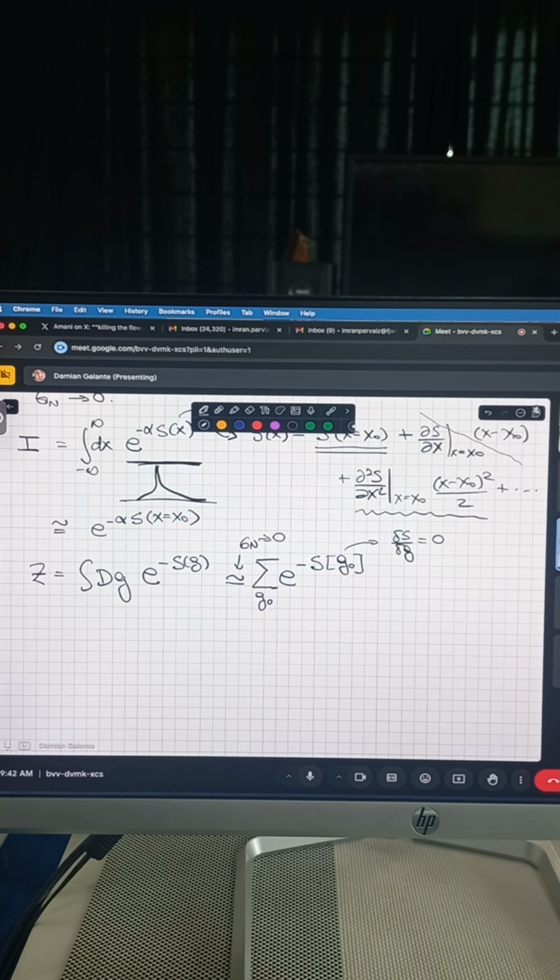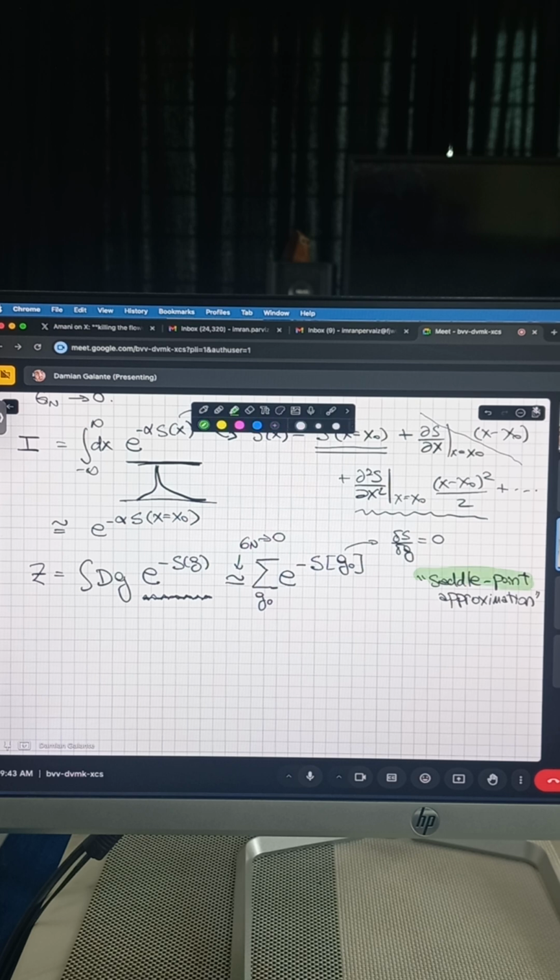This is a trick to approximate functions of this type where you have a large parameter. It's called a saddle point approximation.